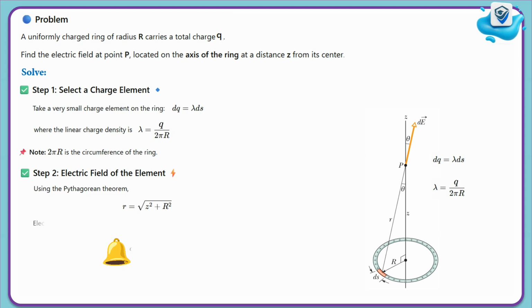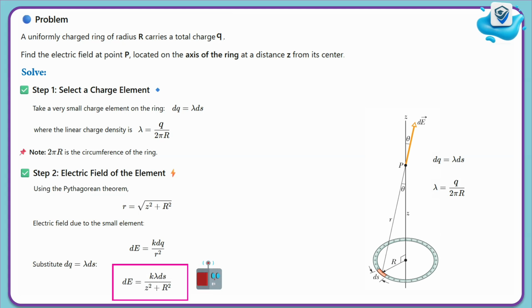Now we apply Coulomb's law. dE equals k dq divided by R squared. Substituting dq equals lambda ds, we obtain dE equals k lambda ds divided by z squared plus r squared.